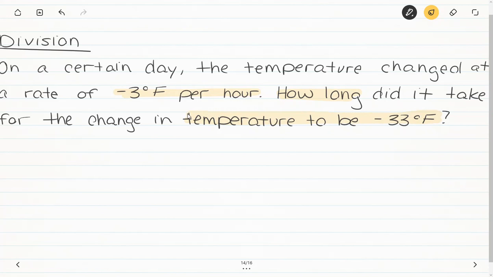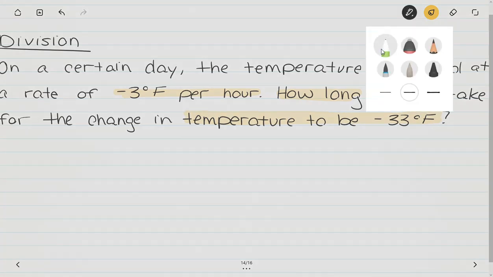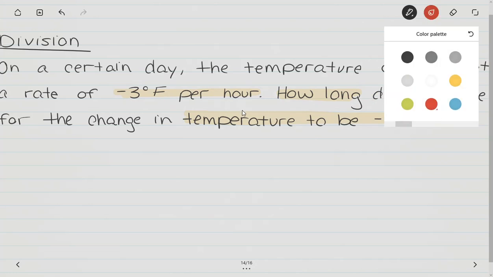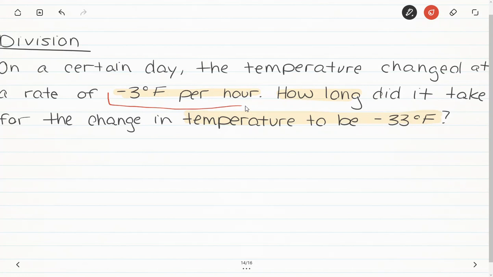Okay. So I know straight off the bat, because these two numbers are in the same sentence and they're comparing and they're related, I know that this is a ratio. So I'm going to make a note that that is a ratio, because I can use that to help me solve this problem.